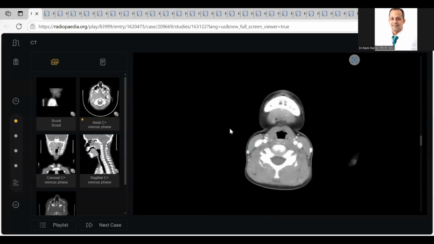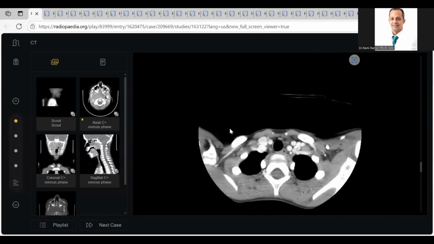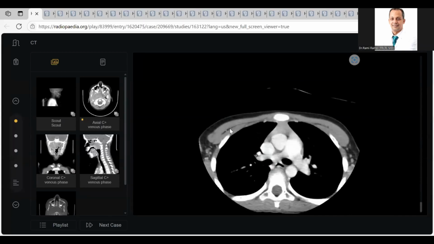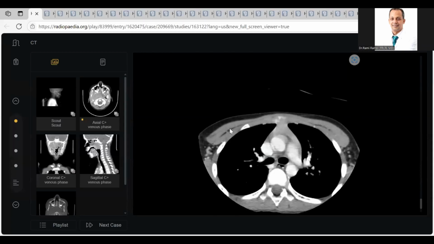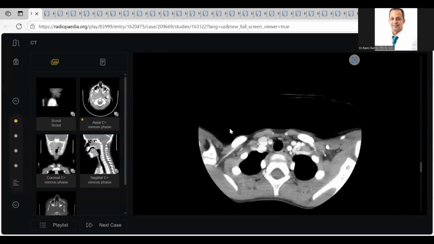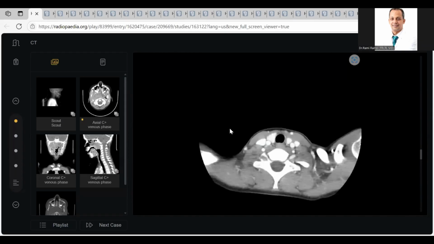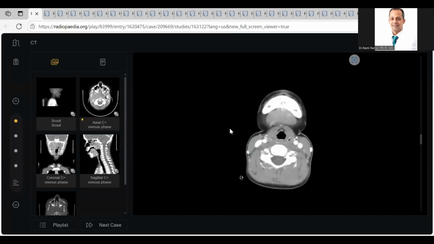As I scroll down, in the mediastinal window the visualized upper chest and apices are unremarkable, and the jugular veins are normally opacifying with contrast.